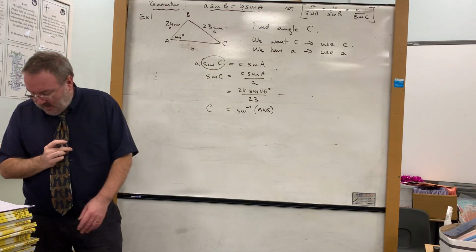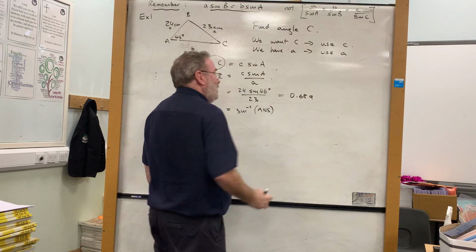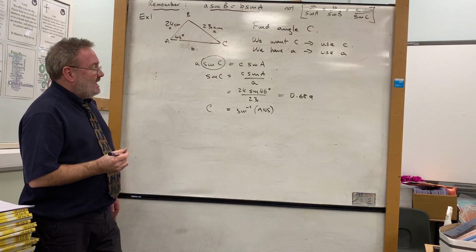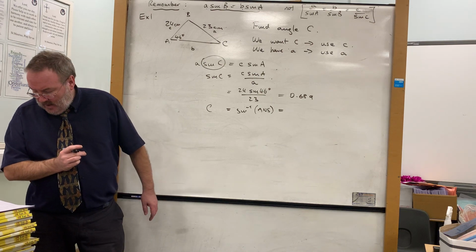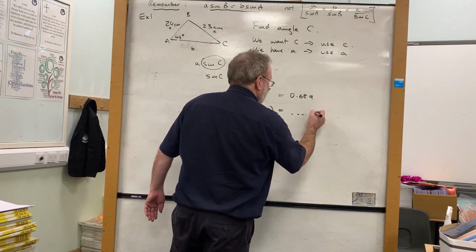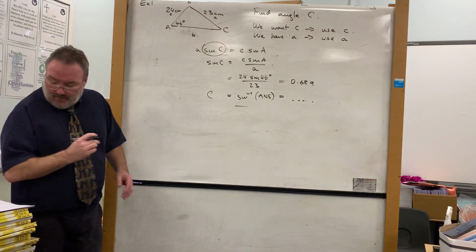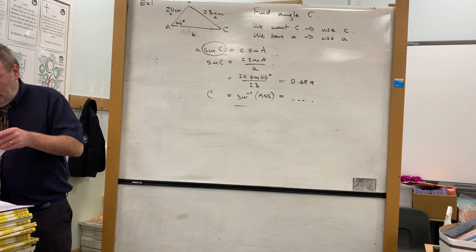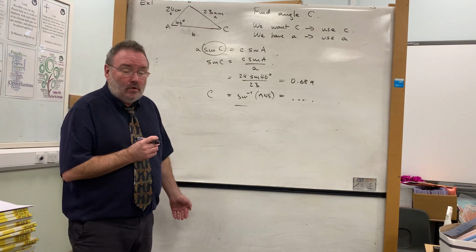When we do the calculation itself, if we round it to 3 decimal places, we'll get 0.689, and the inverse sine of the answer I haven't worked out yet, so you can work it out for yourself, but that's how we get the answer. Okay, I'll fill in the answer on the accompanying note.